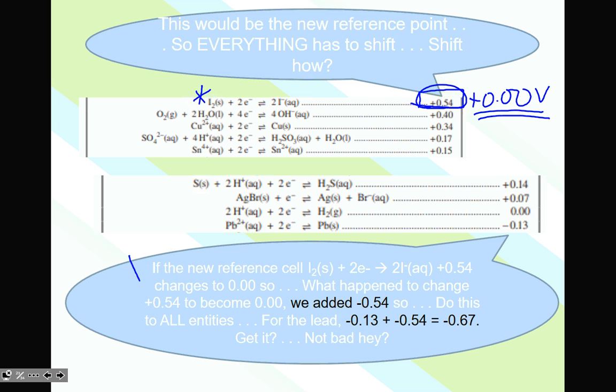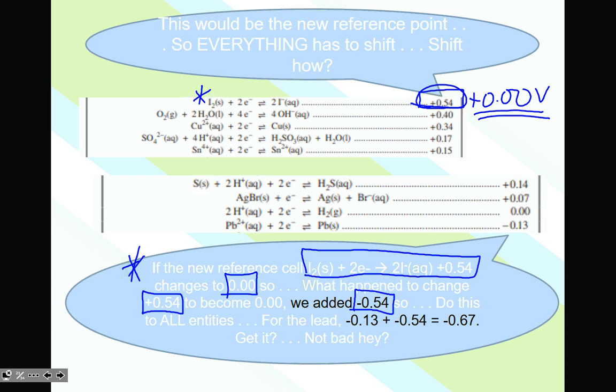If the new reference cell, and here it is, the original, changed to 0, what happened to make that change? Well, we start off with the positive 0.54. We needed to add a negative 0.54 to get it to a potential difference of 0.